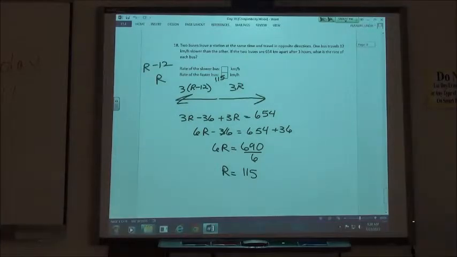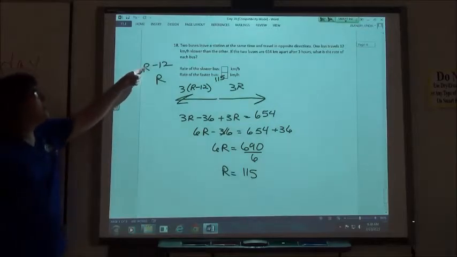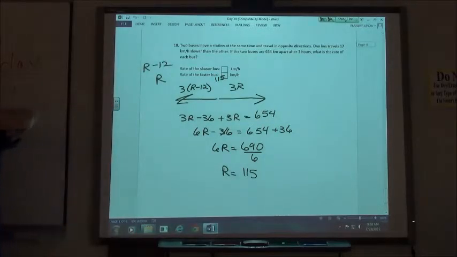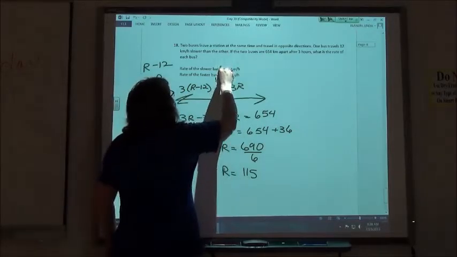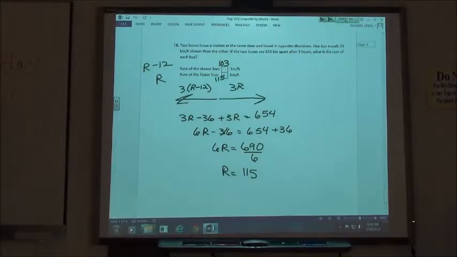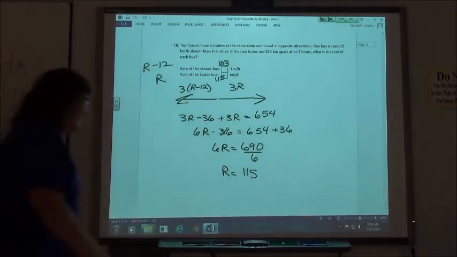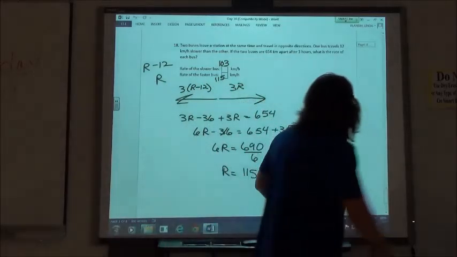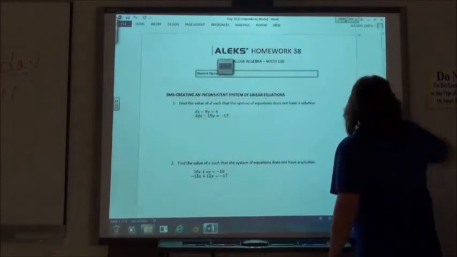So the faster bus is going 115 kilometers per hour. The slower one is doing 12 kilometers per hour less, so if we subtract 12, we get 103, right? I believe that's the last of that page of homework.